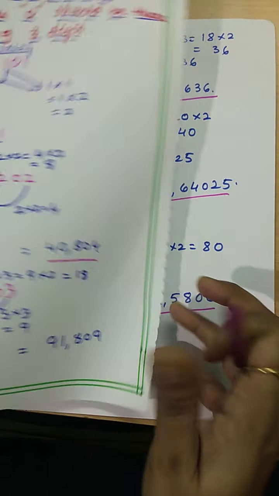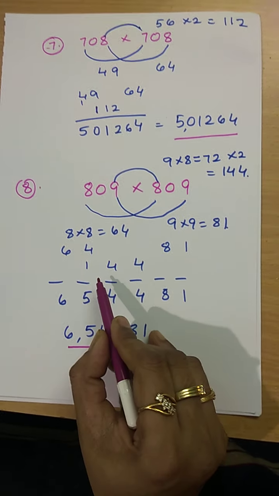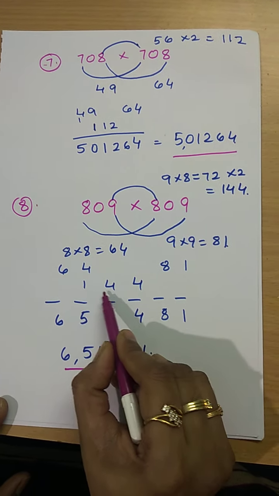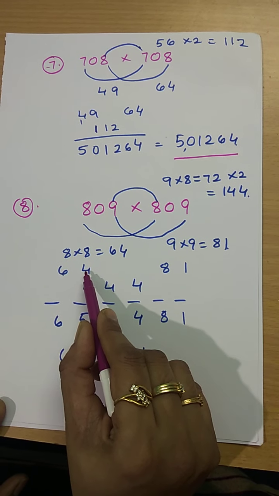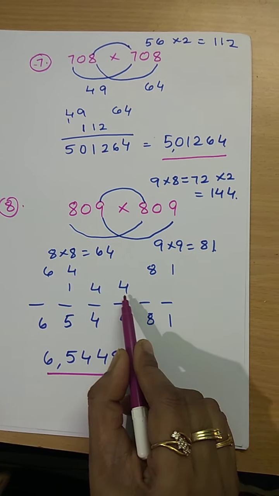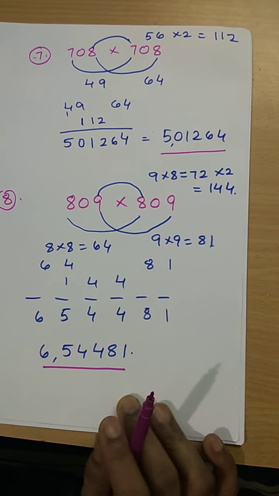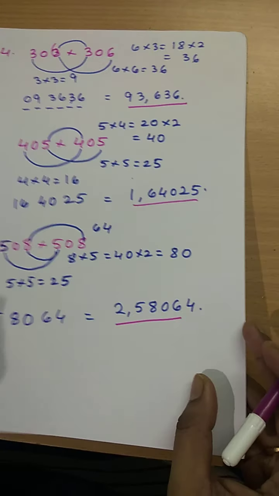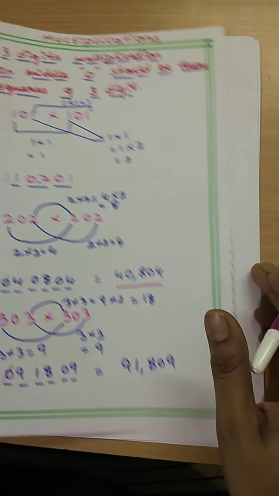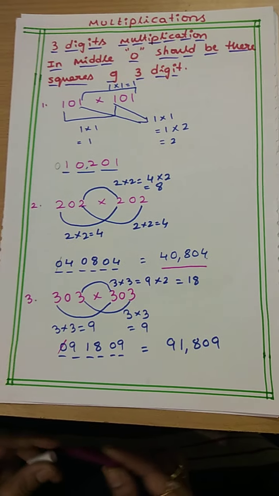In the 1-digit case, we need to write 0 before. In the 3-digit case, we need to add the extra digit to the previous digits. The first digits' multiplication is 64, below it we write 144, after that 81. After addition we will get the answer. Hope this topic is clear: squares of a 3-digit number, with 0 in the middle.